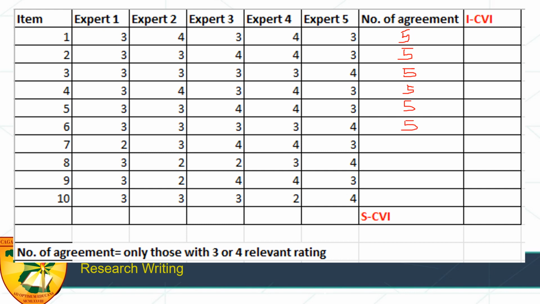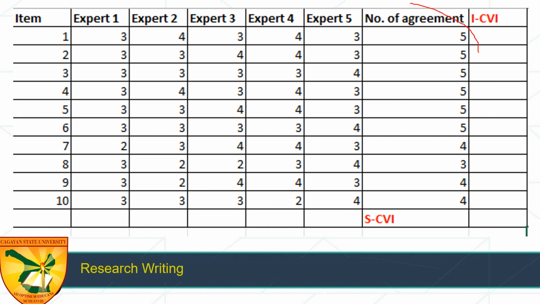But for number 7, we have a 2 here, so we have only 1, 2, 3, 4. For number 8, we have ratings below 3, so we have only 1, 2, 3. Here also, we have 1, 2, so we have 4. And here we have 4. So we are done with this Excel form.